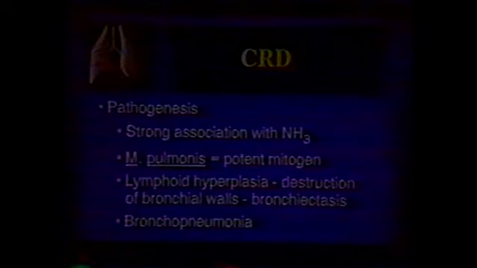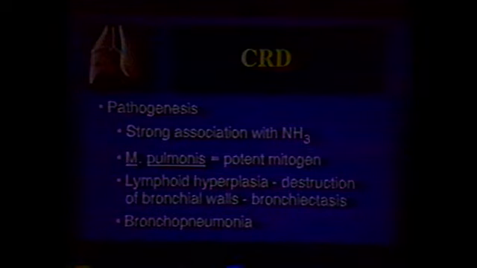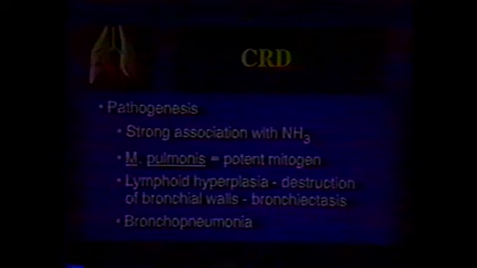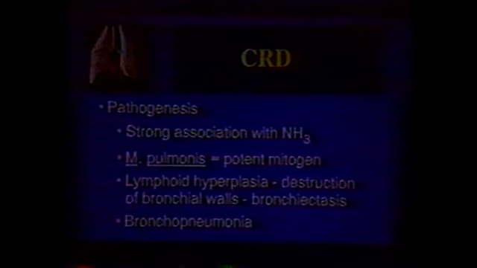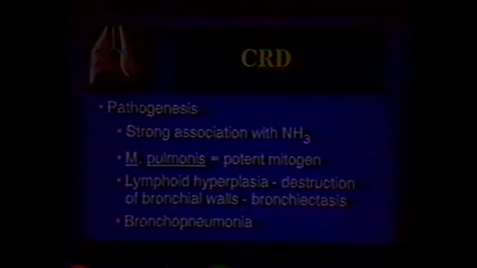Again, I think that part of the pathogenesis is that the lymphoid hyperplasia can be so intense and infiltrate the wall of the airway so much so that you destroy that wall, you destroy the muscle, and the wall and the airway can't contract anymore, and so it gradually starts to expand and expand. And I think that may be part of the answer to why we get bronchiectasis.